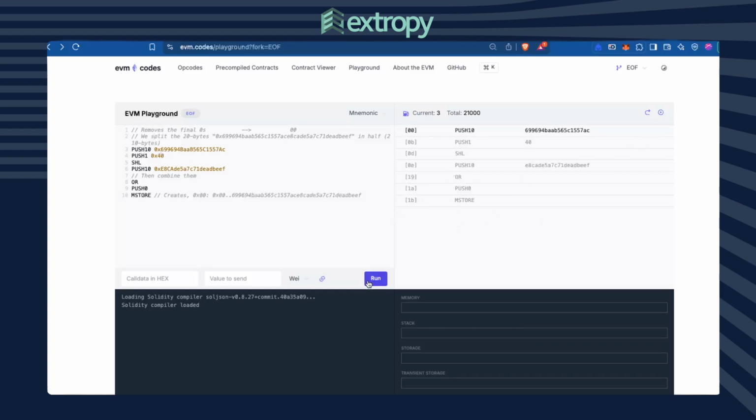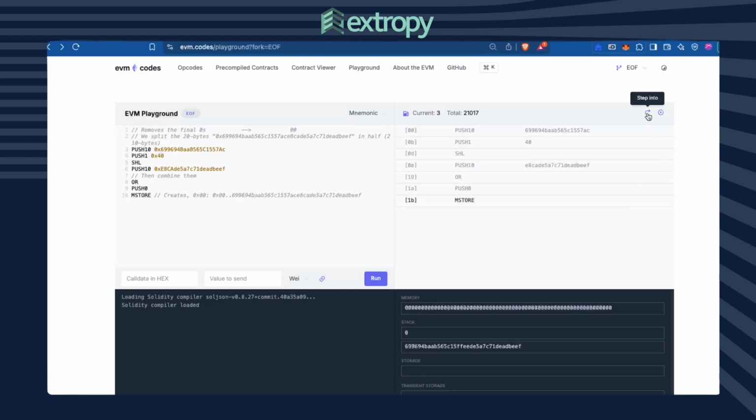Sorry, maybe that was too quick. Let me do it again. We put the other half of the address on the stack. That's the second half of the address, and then we OR them together, and that gives us our original address.